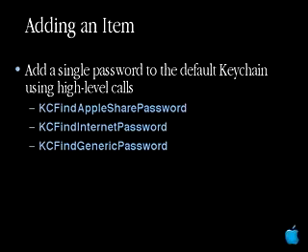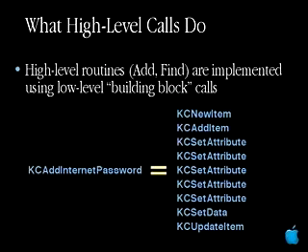And conversely, we have, those actually should say add instead of find, but we have the similar routines for adding a single password to the default keychain. So just mentally replace the word find in each of those with add, and you have the idea. So those high-level calls are actually made up of a number of individual factored pieces.